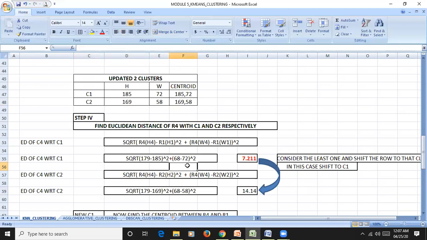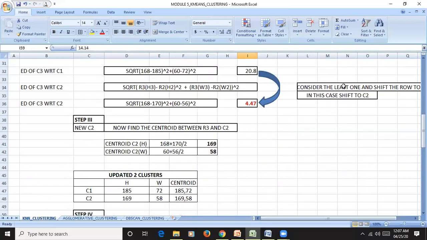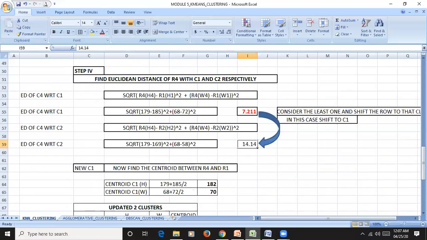What are the new values I'm expecting here? If you solve through this, I'll be getting 7.211 here and 14.14 here. Amongst these two, which is the smaller one? It is 7.21. As we have seen previously, consider the least one and shift the row to that particular cluster.